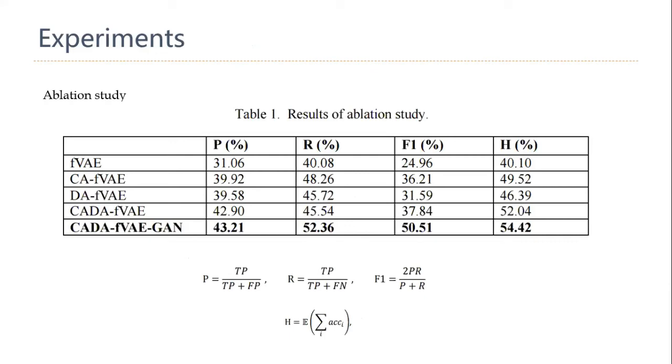And in this table, the first one, FGAN, is the GAN without cross and distribution alignment, and CA-FGAN is with cross alignment, DA is with distribution alignment, and CADA is without GNN and with both cross and distribution alignment.